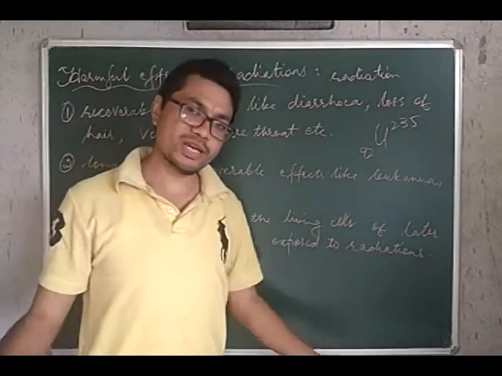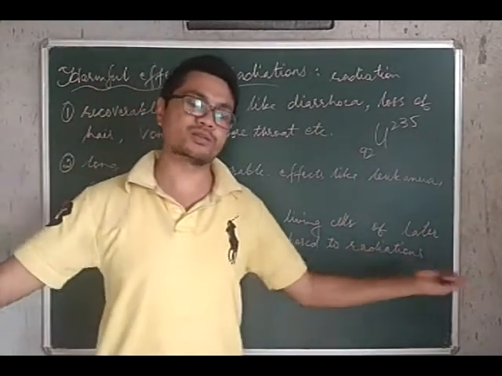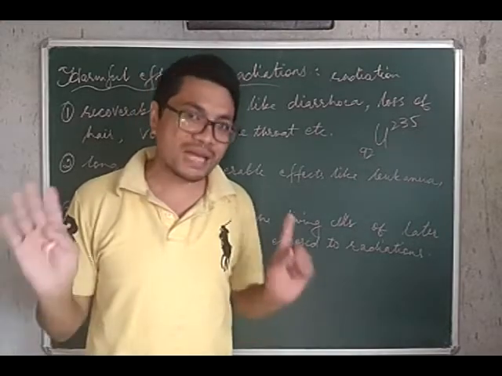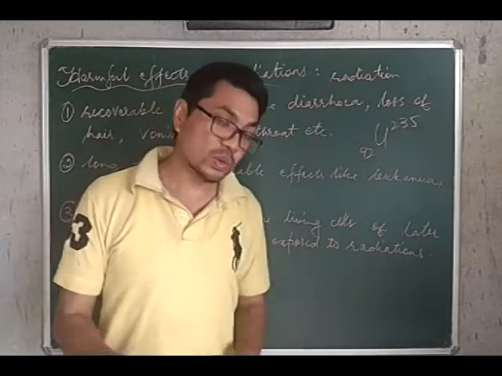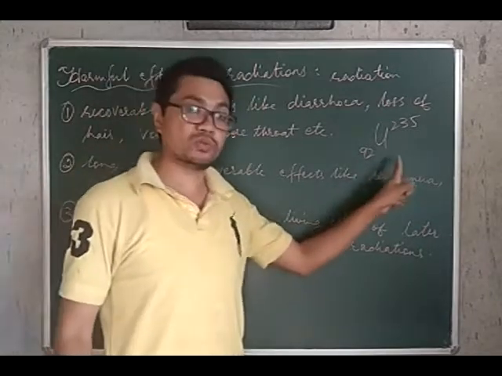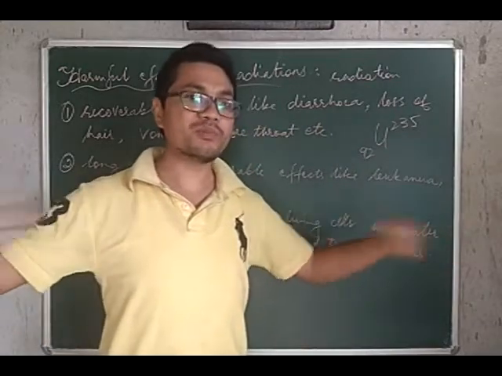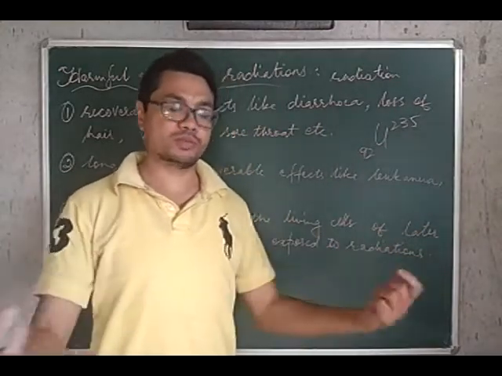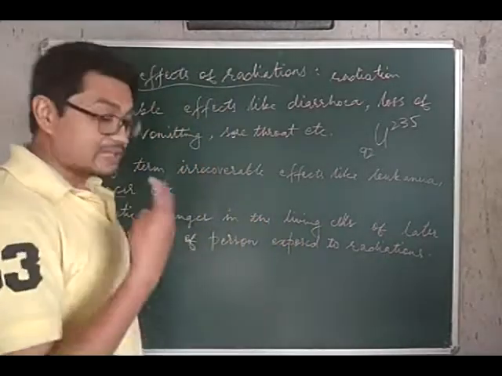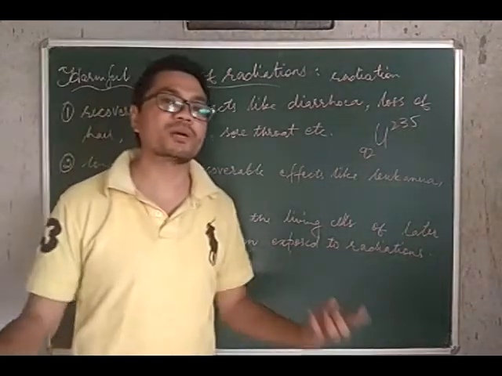Now, uranium is radioactive, so after the bomb exploded, of course a lot of people died, but those people who managed to survive were exposed to these radiations, alpha, beta, gamma, for a very long term, and that caused genetic changes in their upcoming generations.